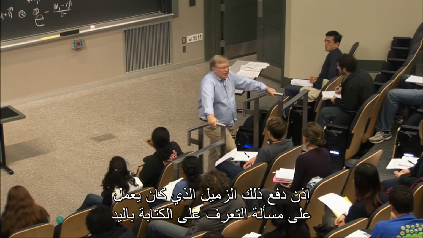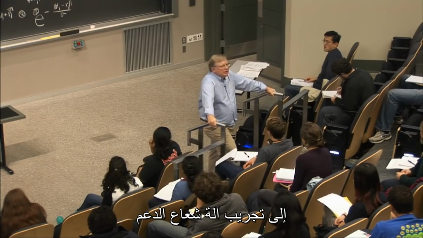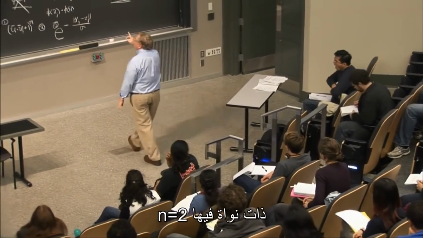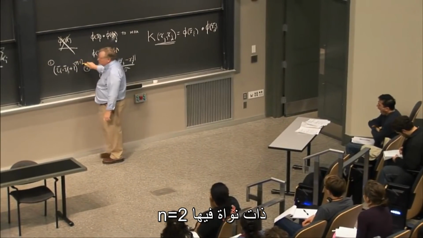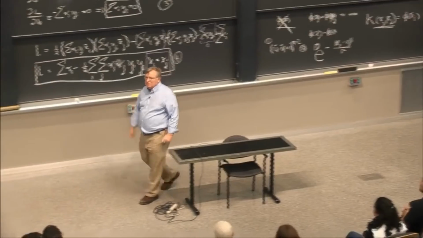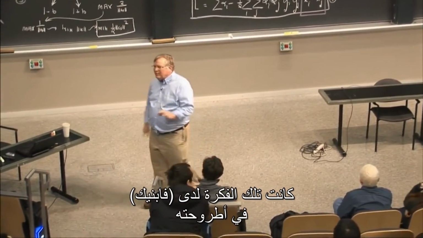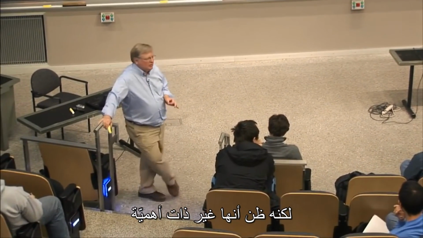So Vapnik's colleague, who's working on this problem of handwritten recognition, decides to try a support vector machine with a kernel in which n equals 2. Just slightly nonlinear. Works like a charm. Was this the first time anybody tried a kernel? Vapnik actually had the idea in his thesis, but never thought it was very important.